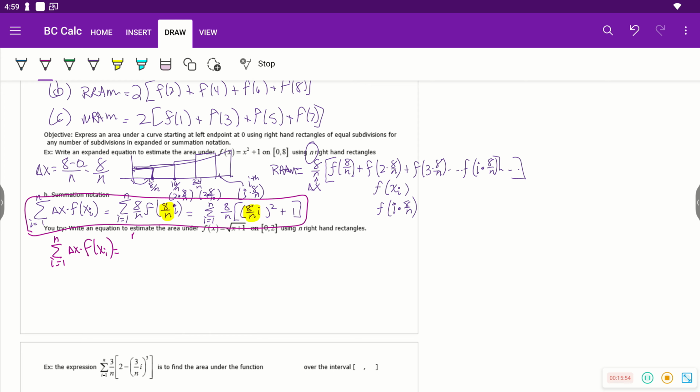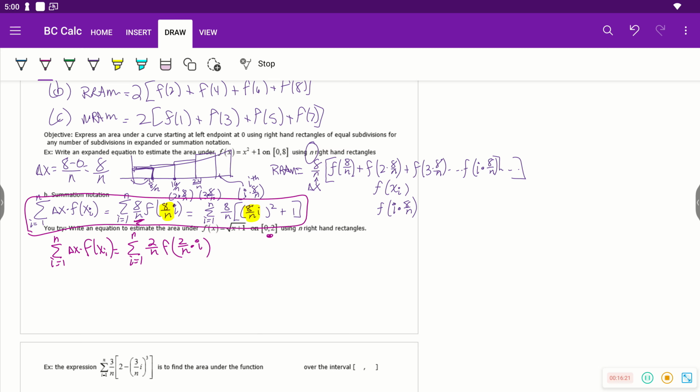Now for this case, the summation stays, but we'll change delta x. Now because the region's only 2 wide, I'm going to have a 2 over n. And so the x at which I draw, x sub i, will come from 2 over n however many times, and that's where the counter. Remember, we're trying to add many cases of a pattern.